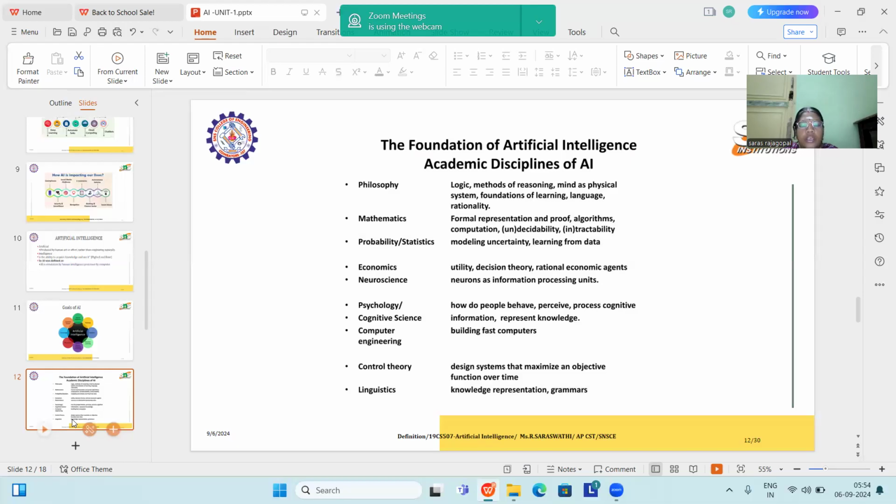Computer engineering, building fast computers. Control theory. In control theory, we have to design the system that maximizes an objective function over time. Linguistics, to produce the knowledge representation and produce the grammar. These are the many different areas that we are found the artificial intelligence.